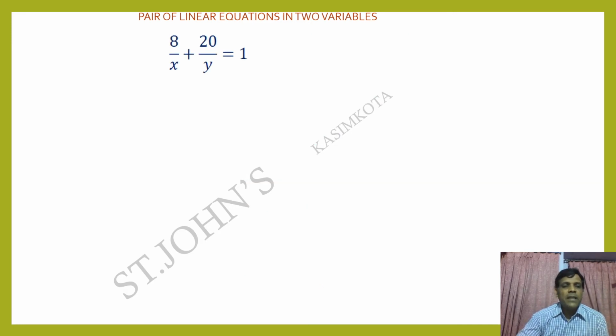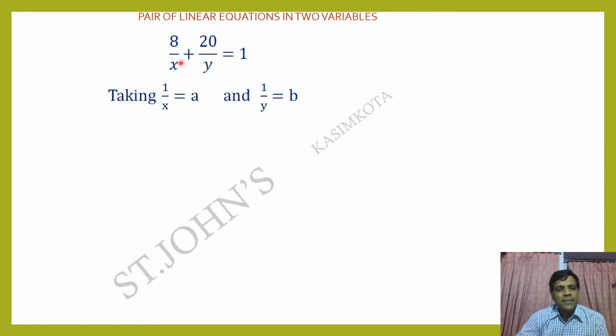For the next step, 8 by X plus 20 by Y equals 1. Taking reduction terms, let 1 by X equals A and 1 by Y equals B. So now 8 by X means 8 into 1 by X.